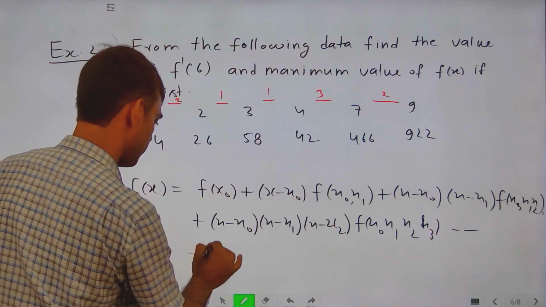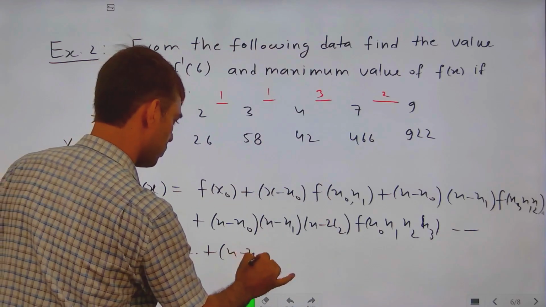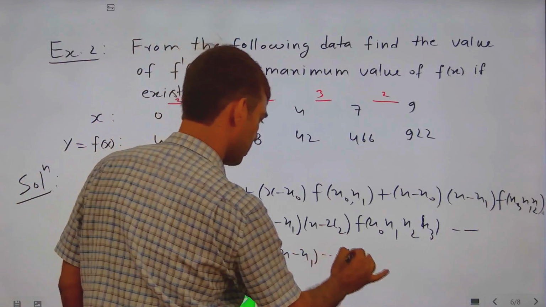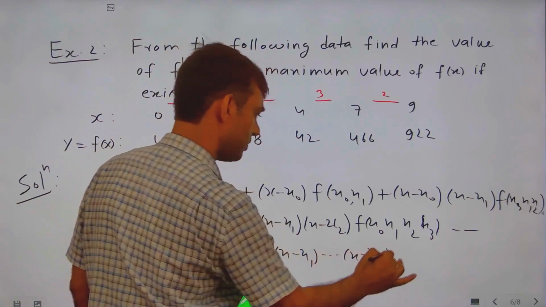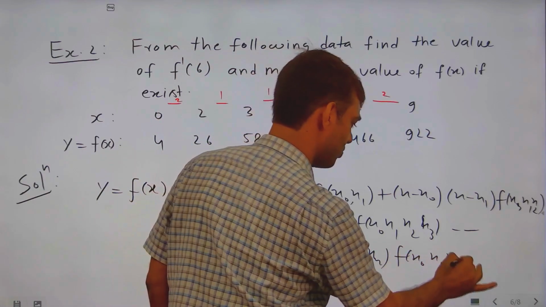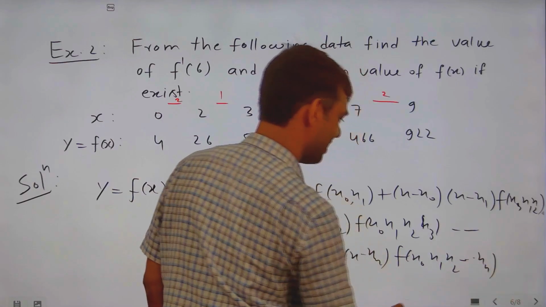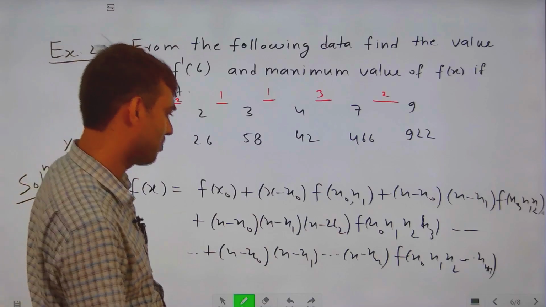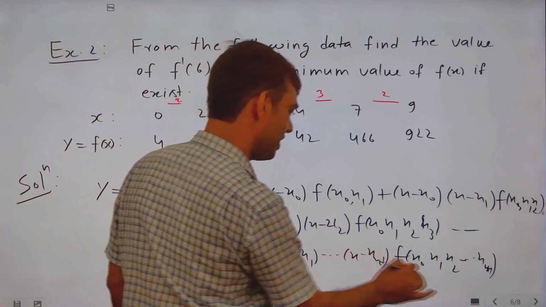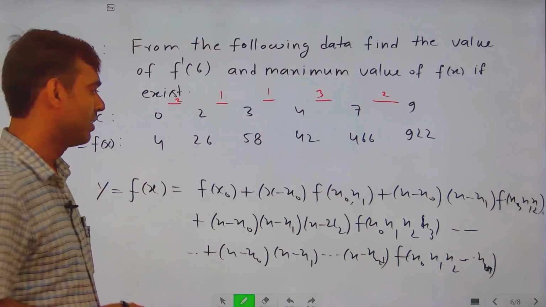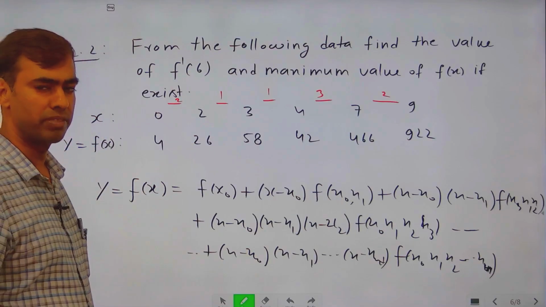The last term is (x - x0)(x - x1) up to (x - x(n-1)), f(x0, x1, ..., xn), because there are n plus 1 data points from x0 to xn. So this is the Newton divided difference formula.